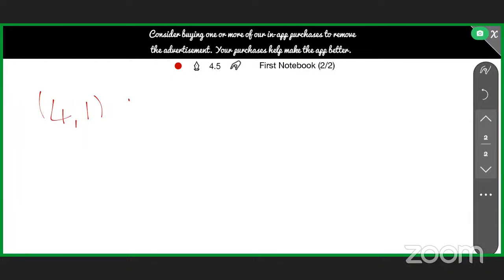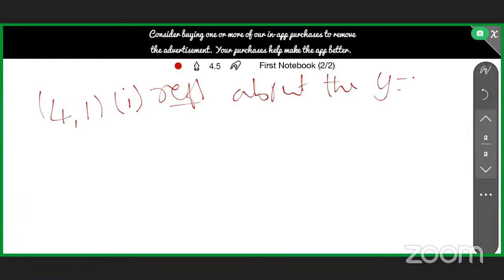The first transformation it is undergoing is reflection about the line y is equal to x.